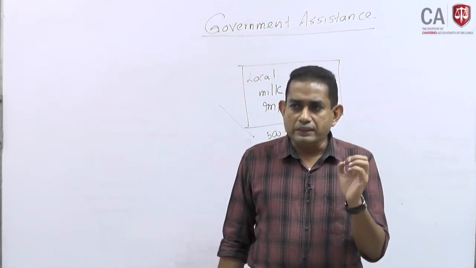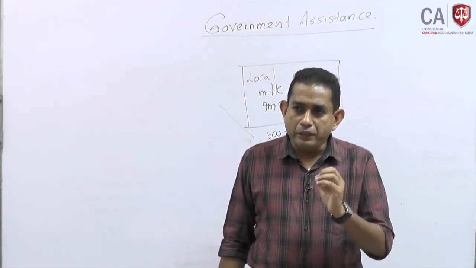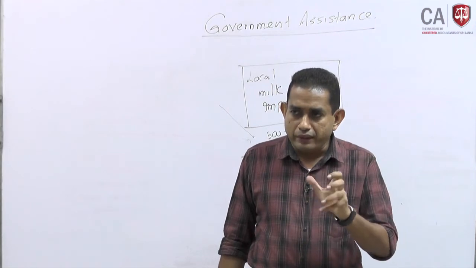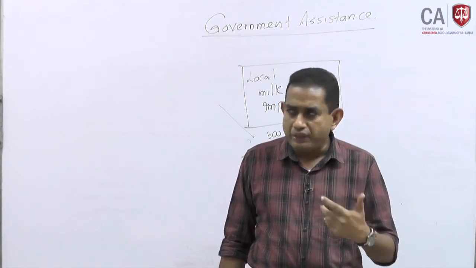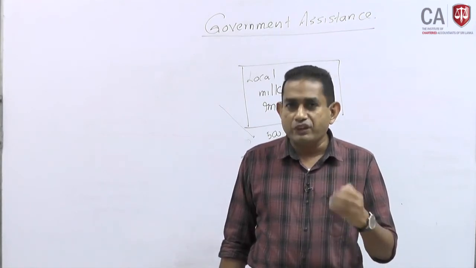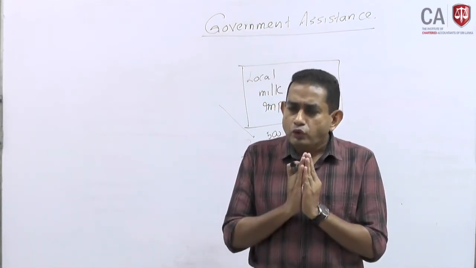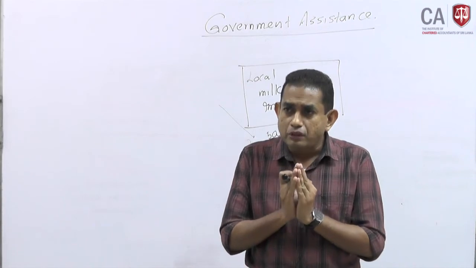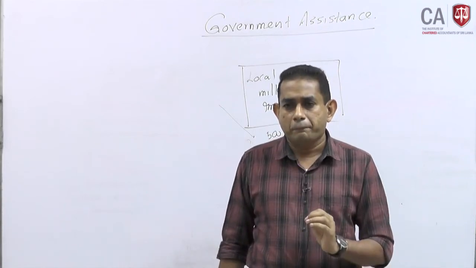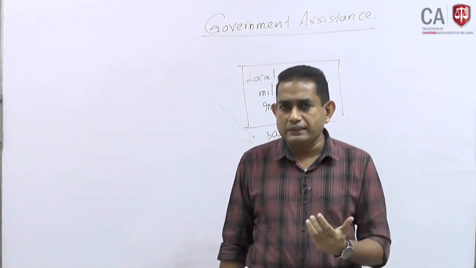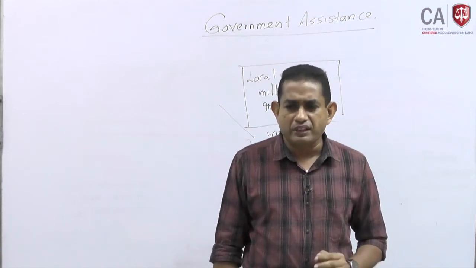And is it to benefit a specific entity or range of specific entities? That is where the issue is, and that is what you need to question yourself about. And who is the final beneficiary of this assistance of the government? Who is the final beneficiary?